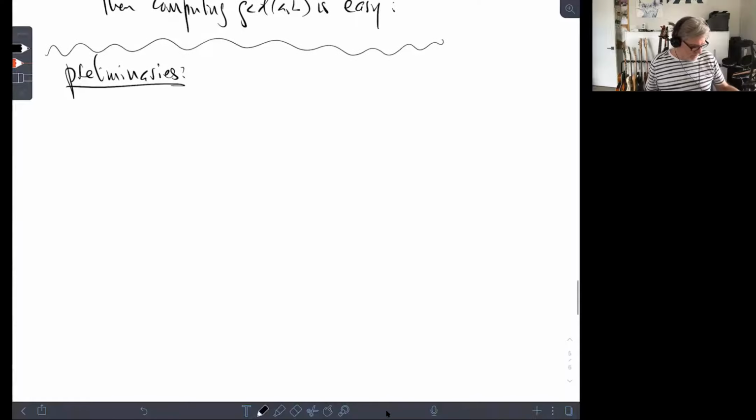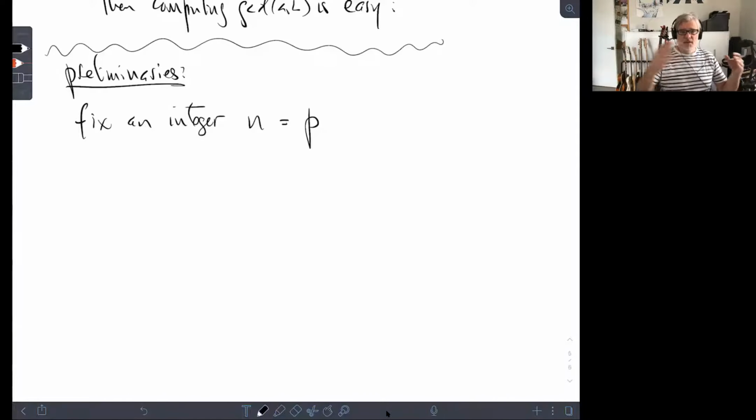So let's do this. Let's say we have some positive integer n, and I'm going to write out its prime factorization. What does that mean? It means that I'm going to write n as a product of primes. Now, some of these primes might appear several times, so I'm just going to put a power.